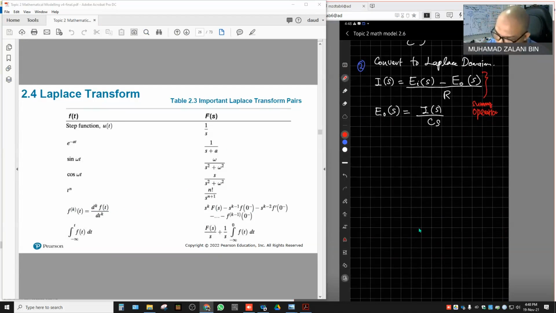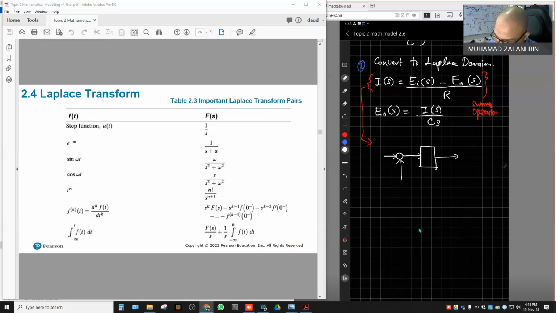Let's say I want to represent this first equation in the form of a block diagram. So I should have a summing point there, and then the block, and then the output.